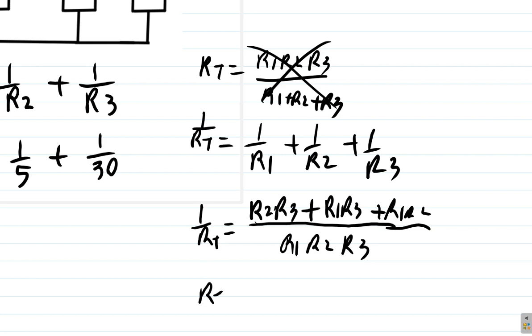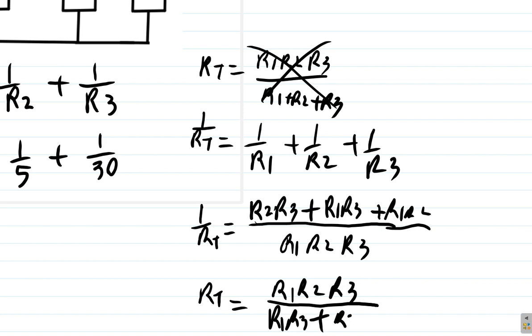You would have RT over 1 equals R1, R2, R3. So you have a product at the top, but it will be over R1, R3 plus R2, R3 plus R1, R2. So the simple product over sum, as I have up here, would not work.